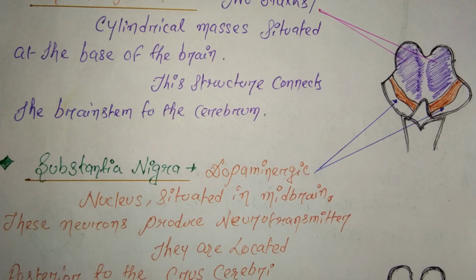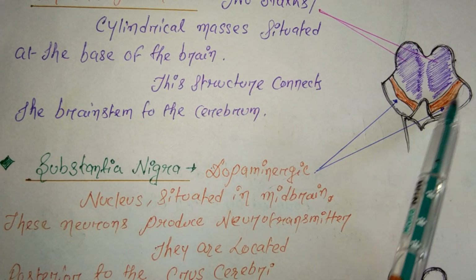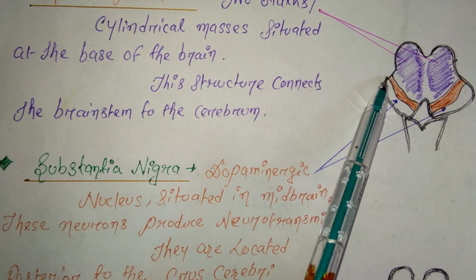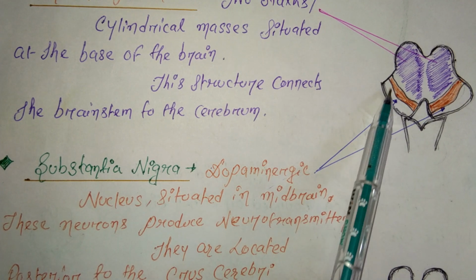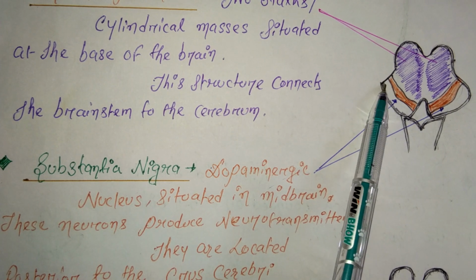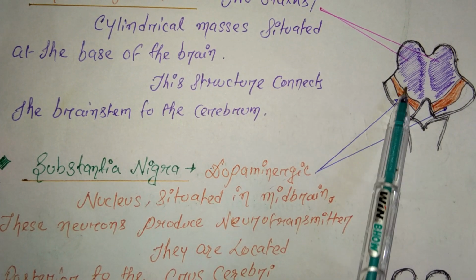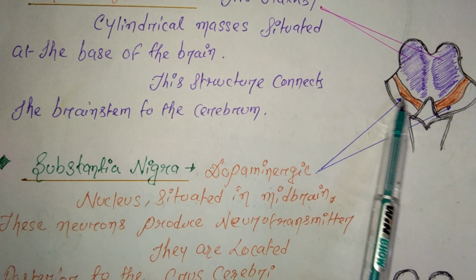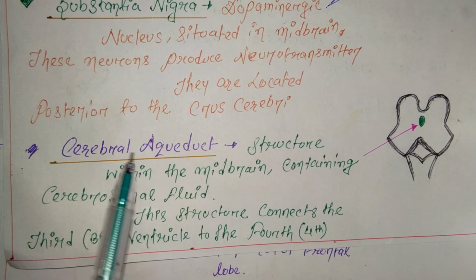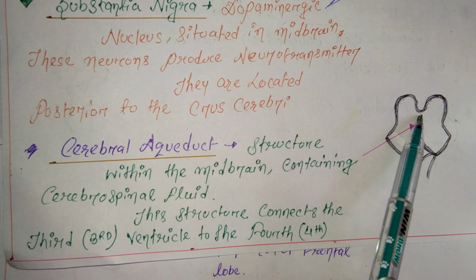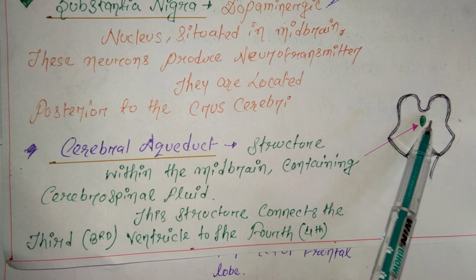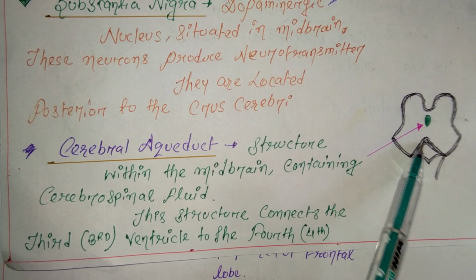Posterior to the crus cerebri we have the substantia nigra, which is responsible for producing dopamine, and the cerebral aqueduct, which contains cerebrospinal fluid and connects the third ventricle to the fourth ventricle.